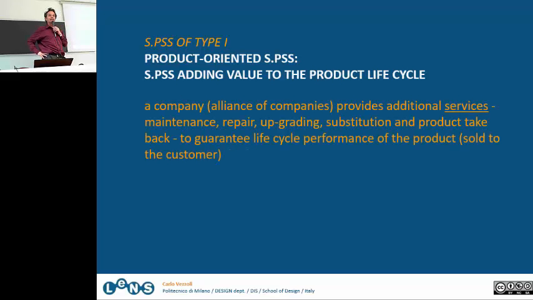In general terms, this is a situation in which a company or an alliance of companies provides additional services, like we saw, maintenance, repair, upgrading, substitution, and product take back, to guarantee life cycle performance of the product that is sold to the customer, and even use optimization.